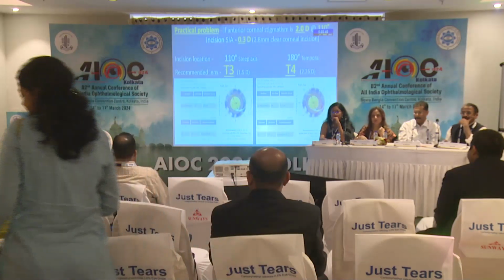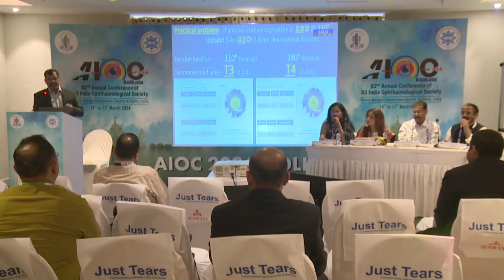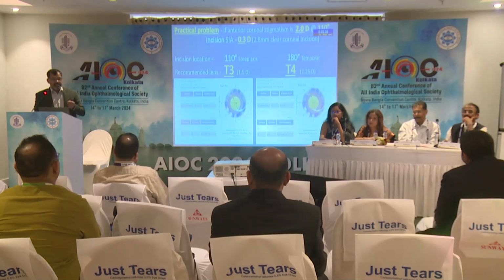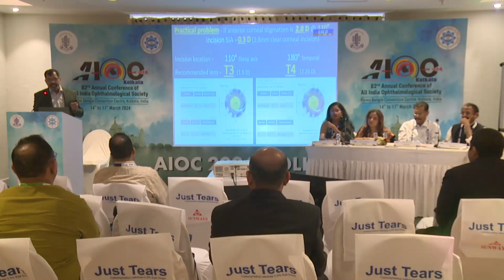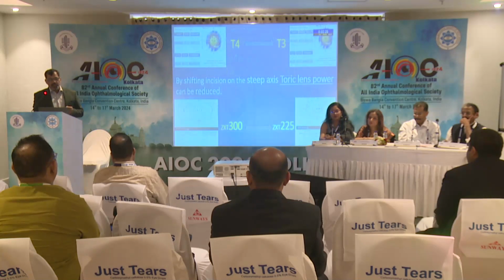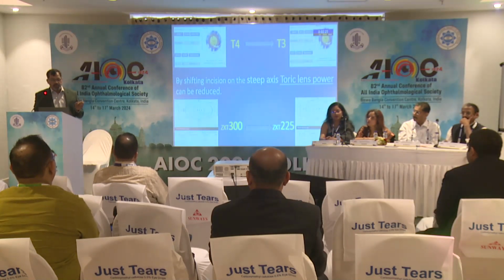Here is a practical problem. Consider that there is 2 diopters of astigmatism at 110 degrees, and my 2.8 millimeter temporal incision is creating 0.3 diopter of SIA. If I take the incision on the steep axis, the recommended IOL power is T3. If I take the incision temporally, the recommended power is T4. So by shifting the incision to the steep axis, I can reduce the power of the toric lens.